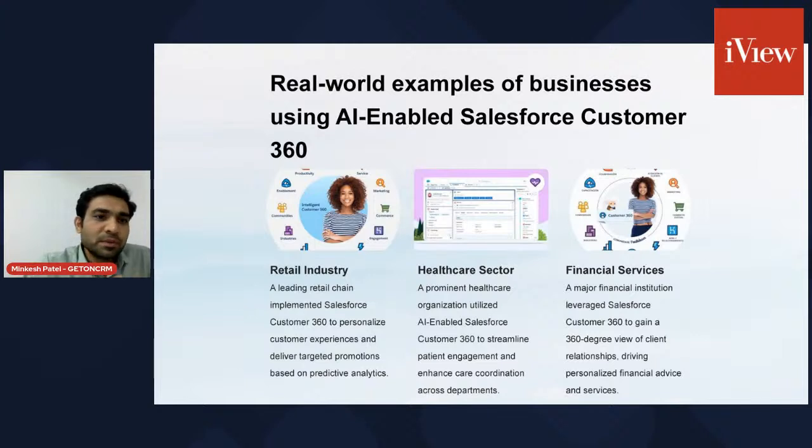Okay, let me give you a real world example in the retail industry. Let's take an example of Nike. Nike is selling shoes. Nike is also selling apparel. So if I am a Nike customer and I have bought Nike shoes, then based on the past history of the customer, you can recommend to them.